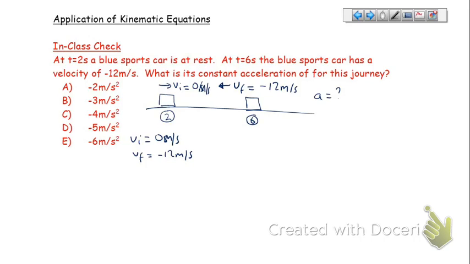And then we say that my delta T, not my T, my delta T, that's why I don't like using T. My delta T is T final minus T initial, which in this case is equal to 6 minus 2, which is equal to 4 seconds. Most common mistake is people will put down 6 for the time because they're just looking at a final time. And then what I want to find is my A.